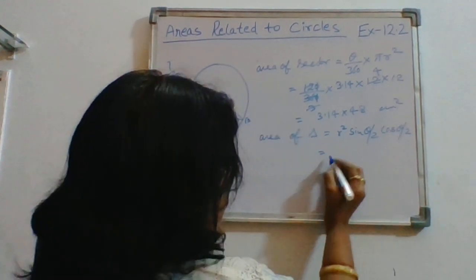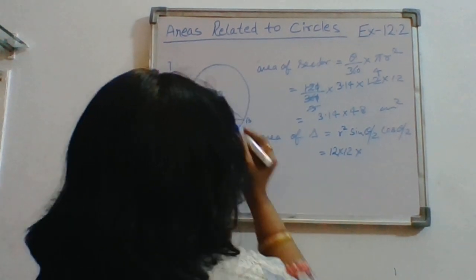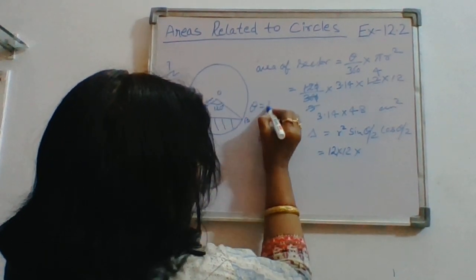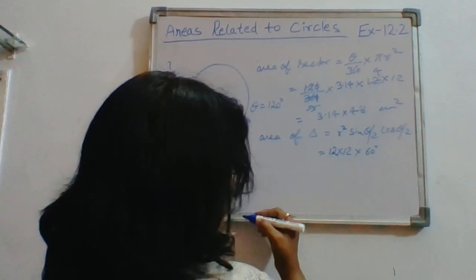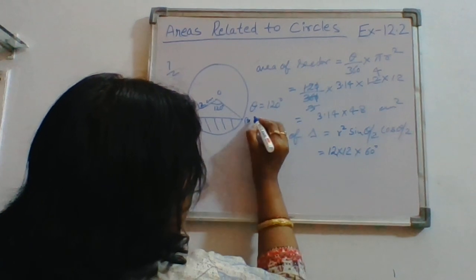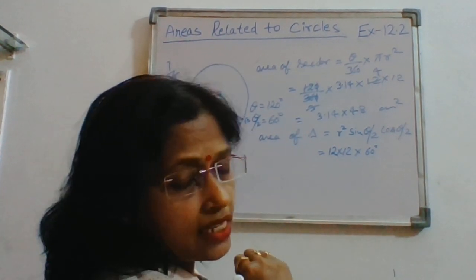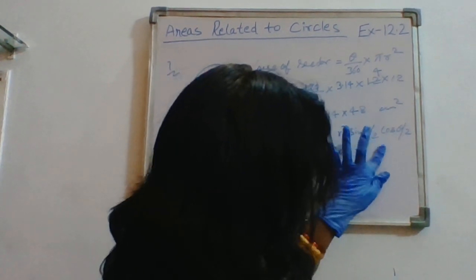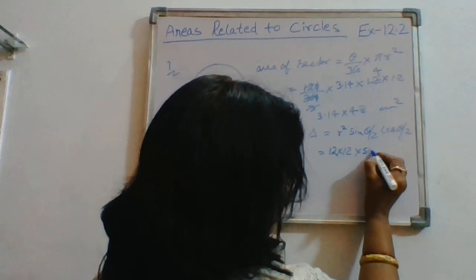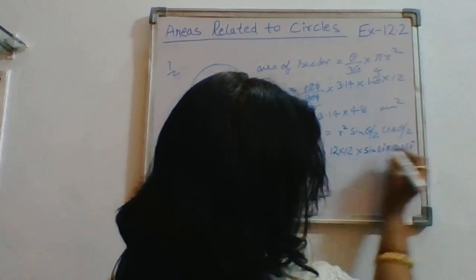Right? Now r square is 12 into 12. Sin theta by 2. Theta is how much here? 120. So theta by 2 will be 60 degree. Right? When theta is this much, theta by 2 will be 120 upon 2, that is 60 degree. So this is your sin 60 degree into cos 60 degree. Okay?